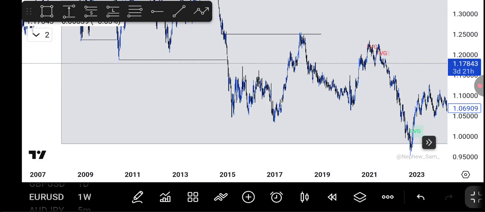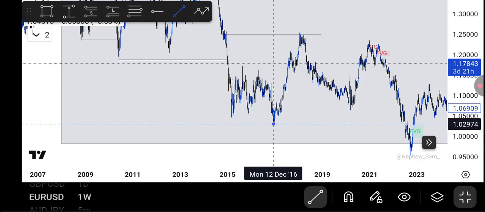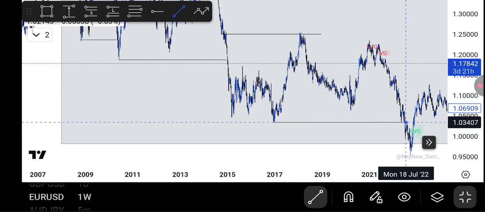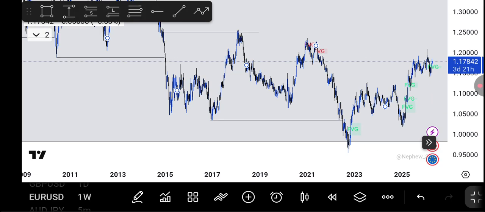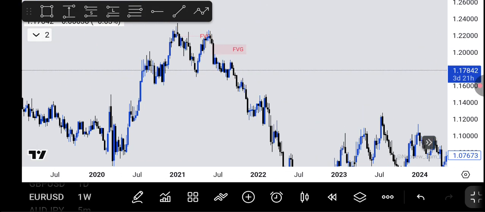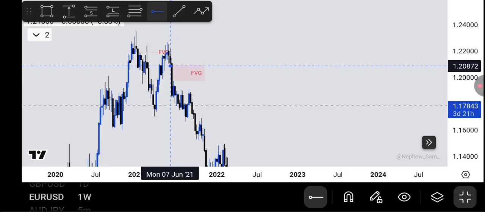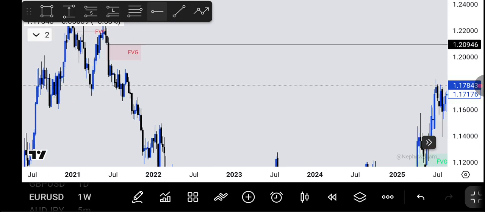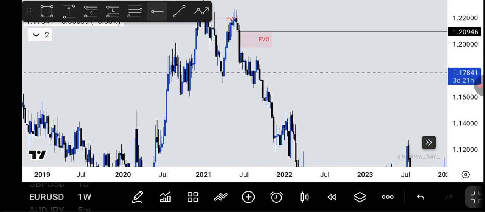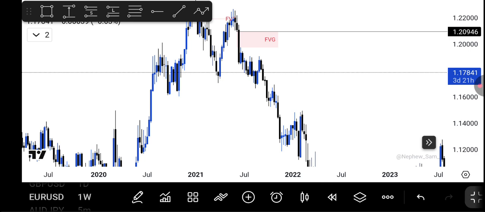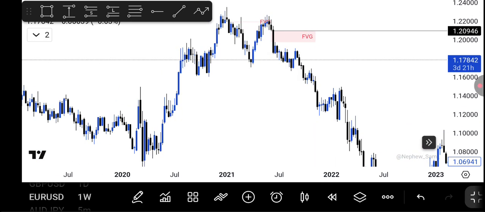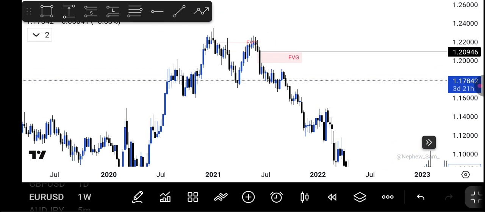Here also we have a break of structure. Now this is our next point of interest on the weekly time frame. Let me delete. Okay, this is our next point of interest.